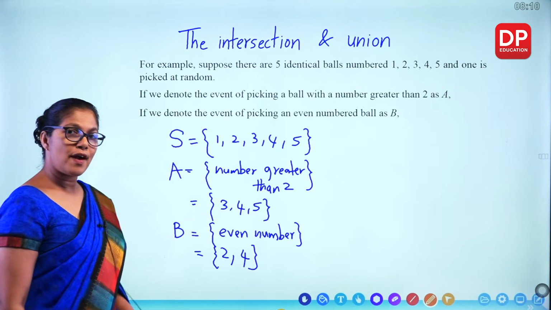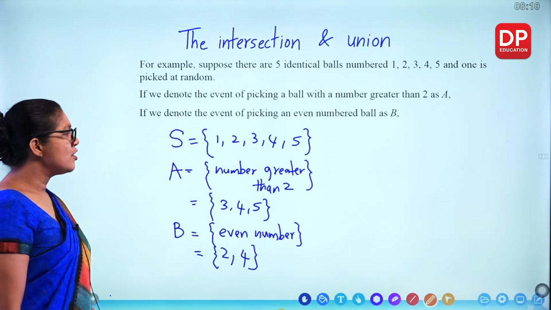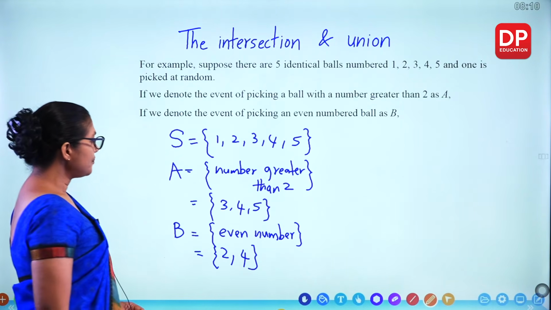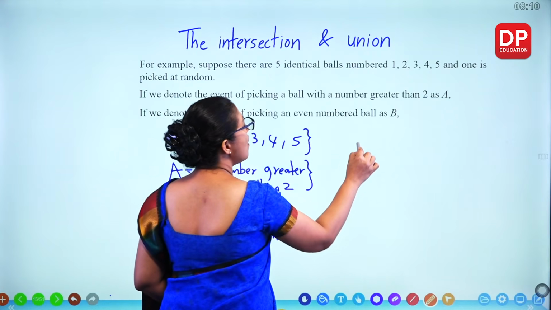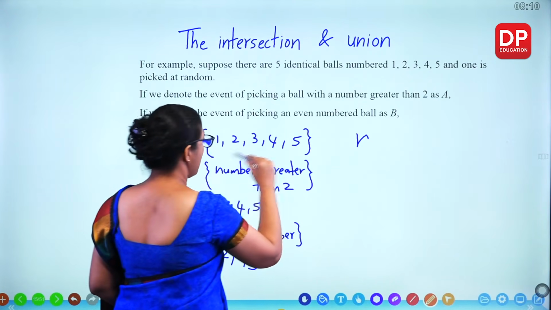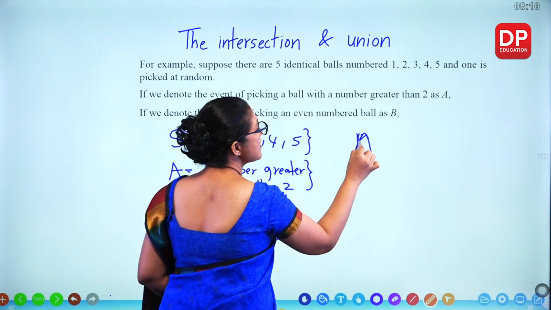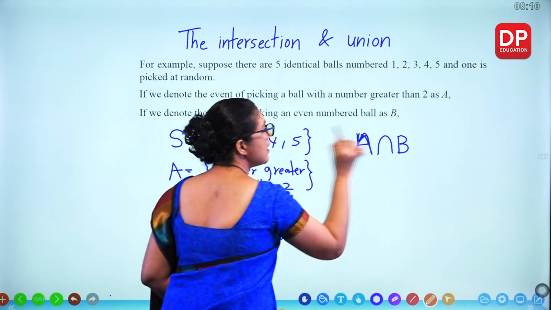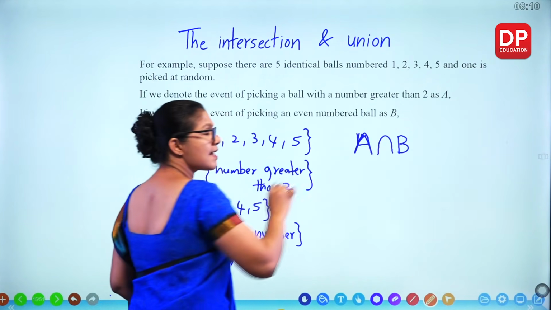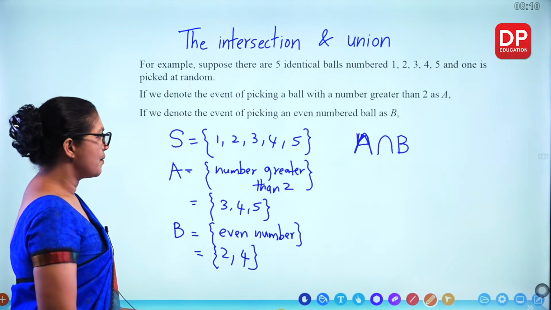Now we'll try to find the intersection and union from this. First we'll take A intersection B. You know the intersection sign, U upside down.